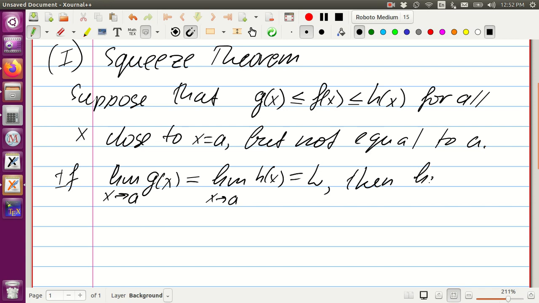Then the limit of f of x when x approaches a is also equal to L. So this is a very great outcome.